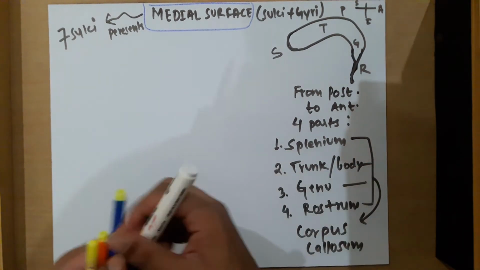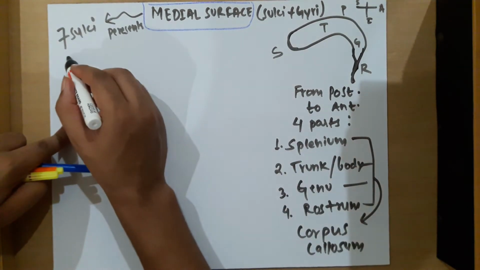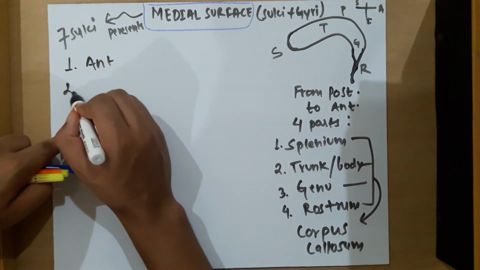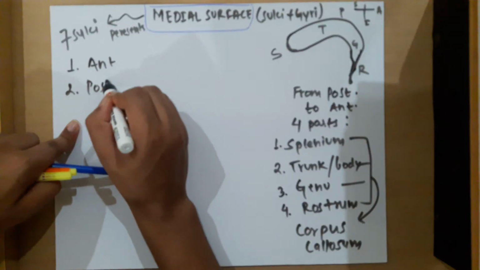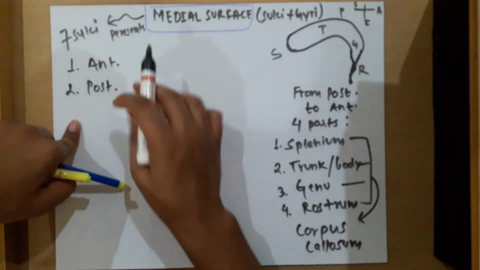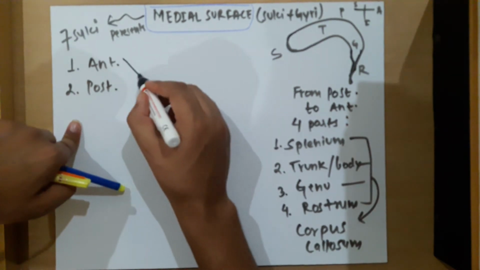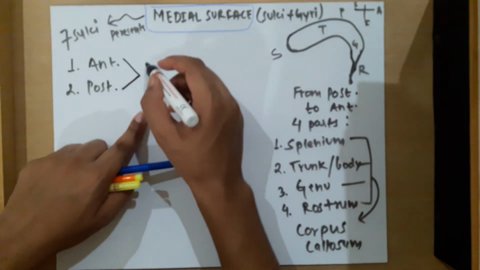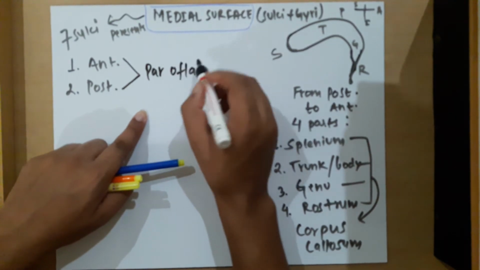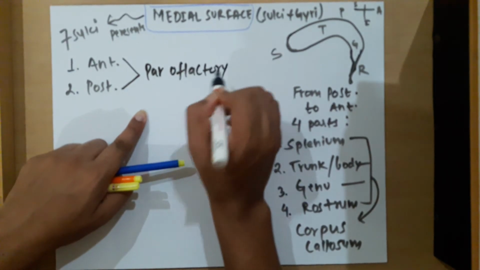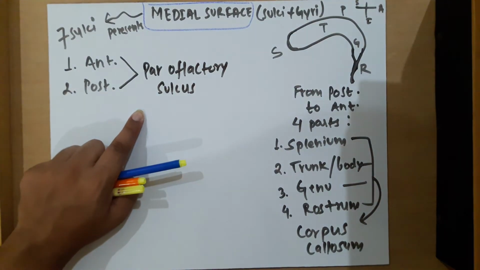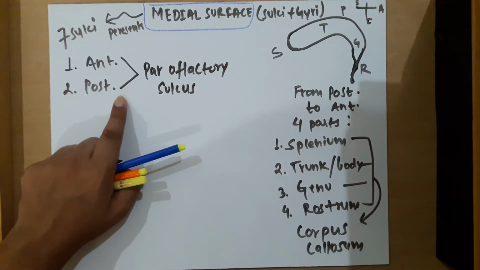The first two are the anterior and posterior para olfactory sulcus.